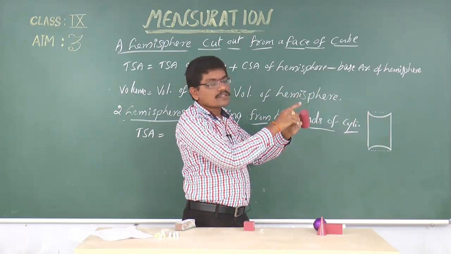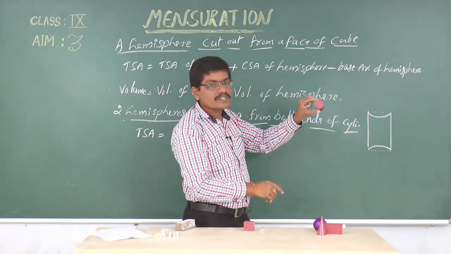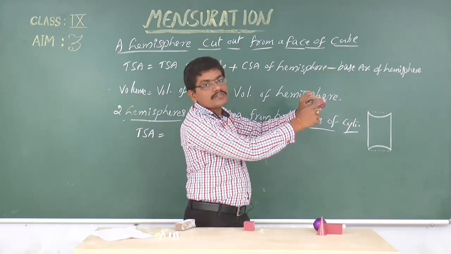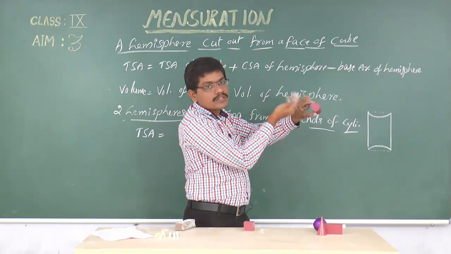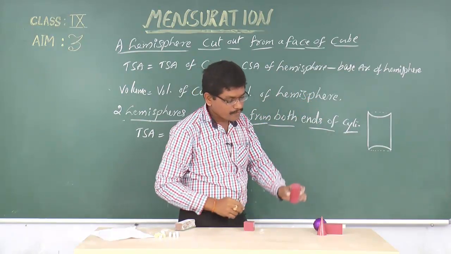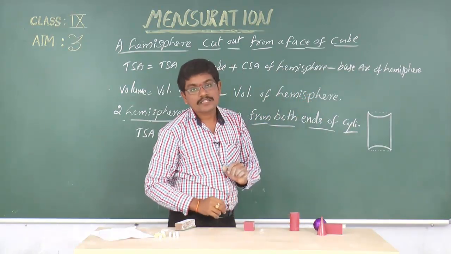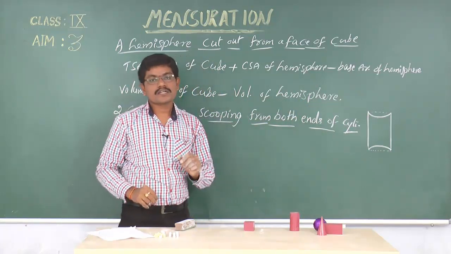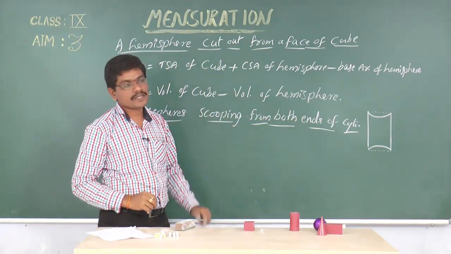For a cylinder there would be circular faces, but we are removing hemispheres, so there will be hemispherical shapes. So instead of adding the circular base area, we have to add the hemispherical area.